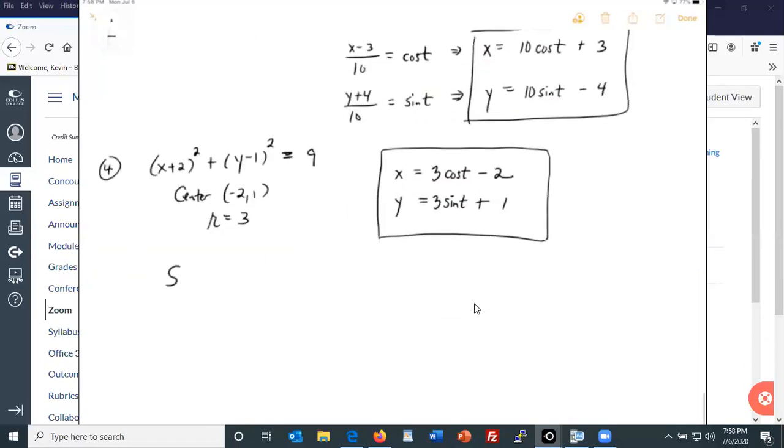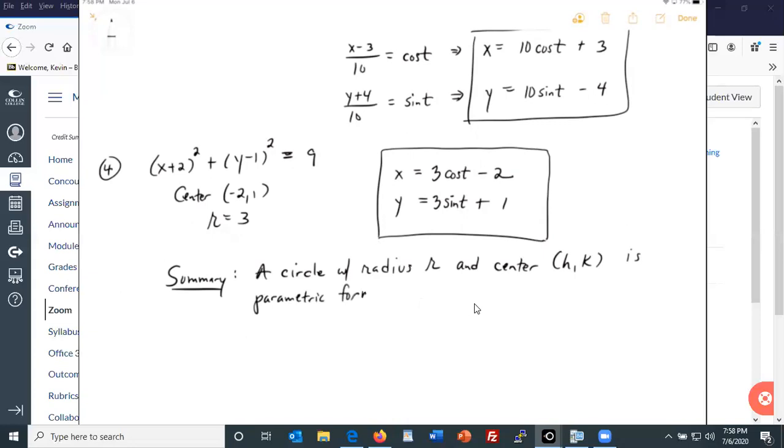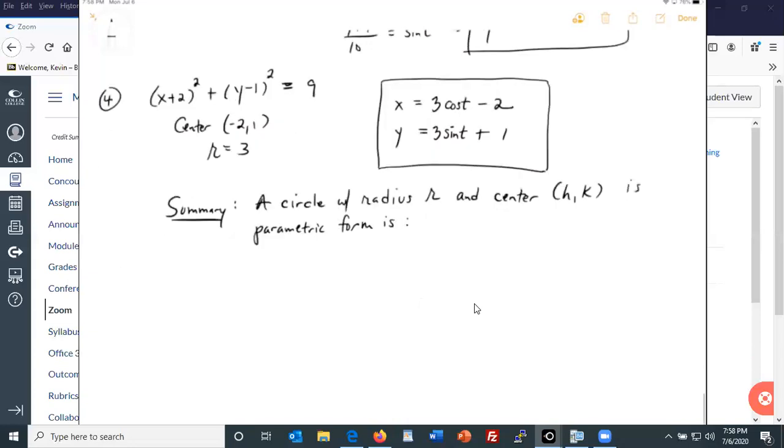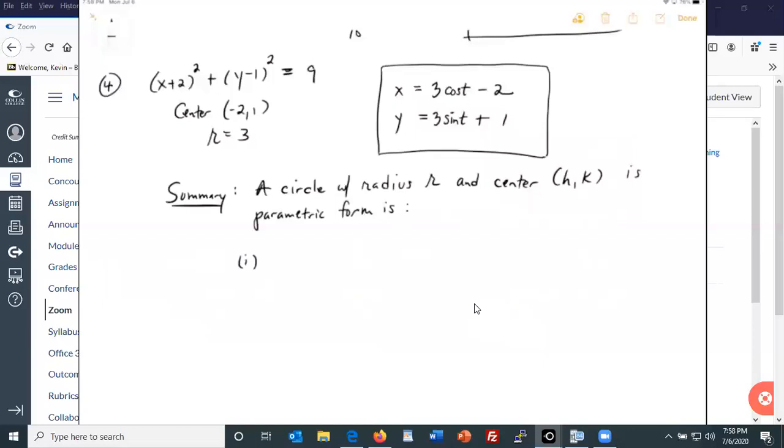All right, so in summary, a circle with radius r and center (h, k) in parametric form is, well, 1, if it's counterclockwise, and 2, if it's clockwise.